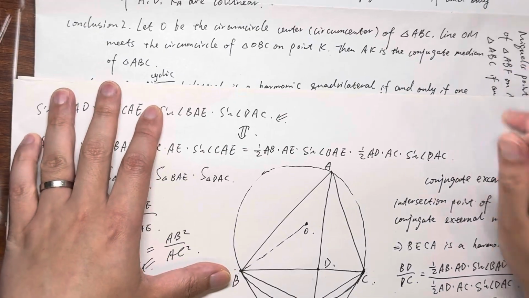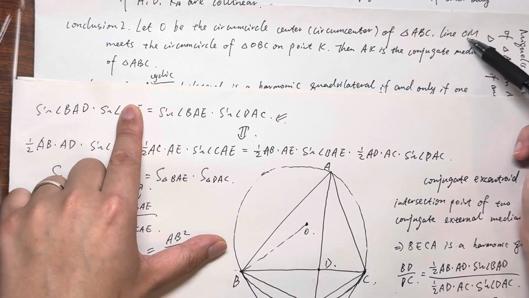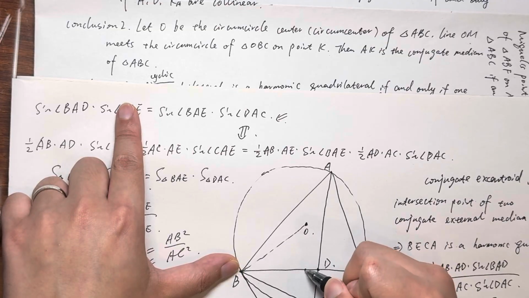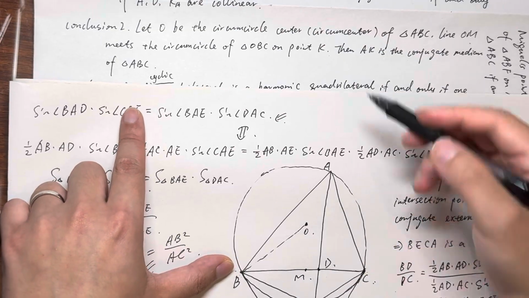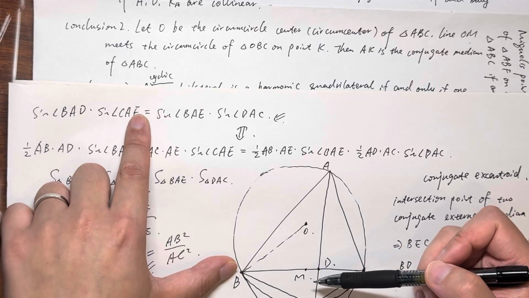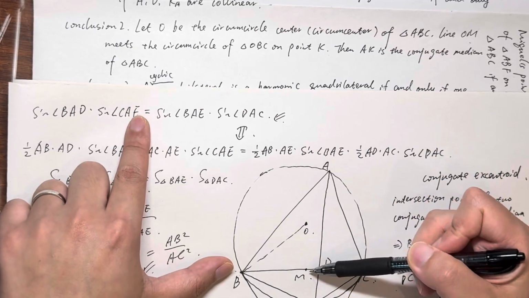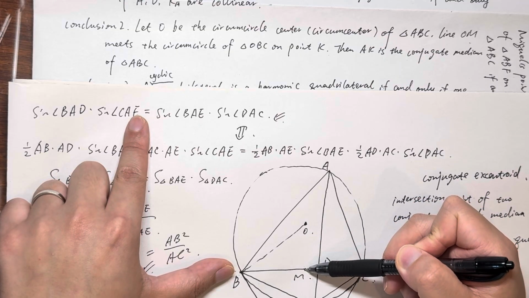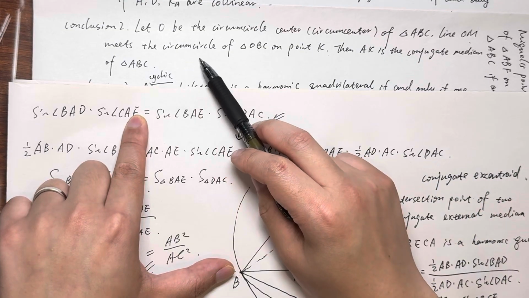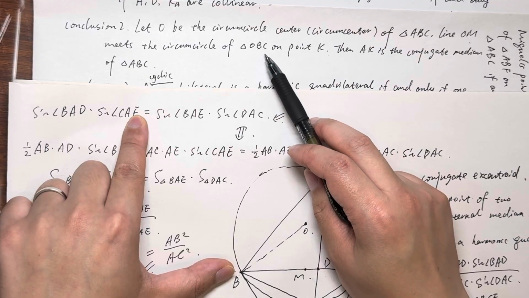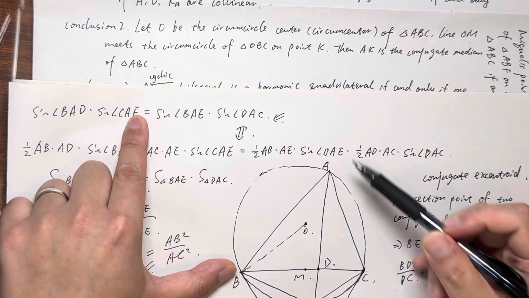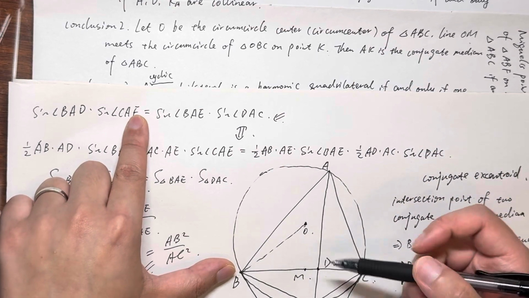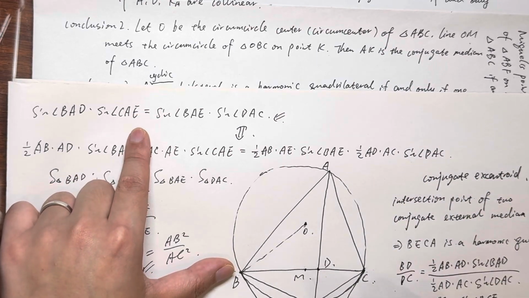Actually, I forgot to add one point here: M should be the midpoint of BC, as we already used in previous cases. So if we connect OM and OM meets the circumcircle of the triangle OBC at a point K, then AK is a conjugate median of triangle ABC. Basically, we want to prove that K and KA are the same point.